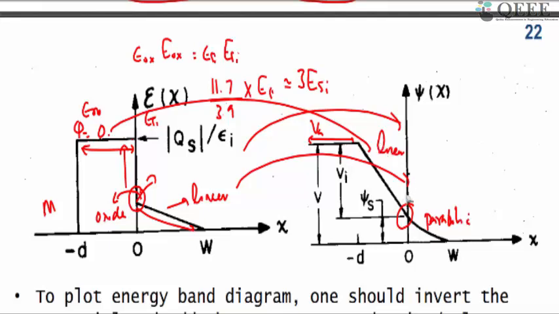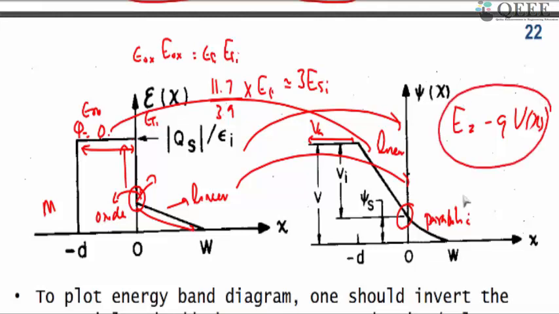Once you know the electrostatic potential, you can always draw the energy band diagram, because energy is nothing but Q times V of x, right? This is true for a homogeneous material, like silicon on both sides in the case of a PN junction, but here it is a heterogeneous system.